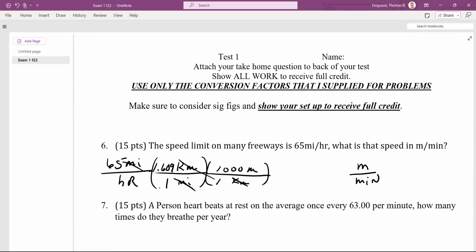Okay, now we have meters per hour. Now we need to convert the hours to minutes. Now, when the given is on the bottom, the given is the denominator. So here, to cancel the denominator, we have to have it on the top. So this has to be hours on the top here, so it cancels.